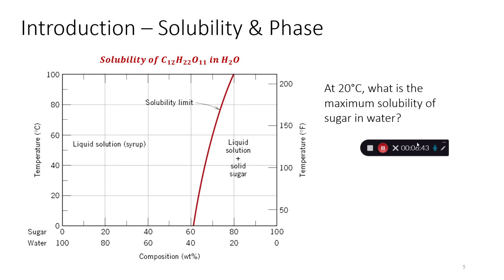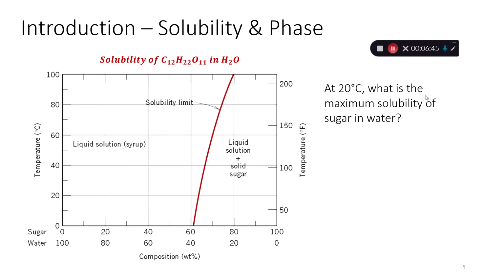Now, let's look at a graph. Because this chapter is about phase diagram, so now let's look at a phase diagram. This case is a very relatable topic, I would say, because it's the solubility of sugar in H2O. This is sugar, this is water.